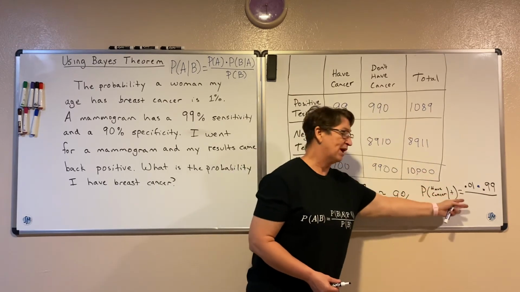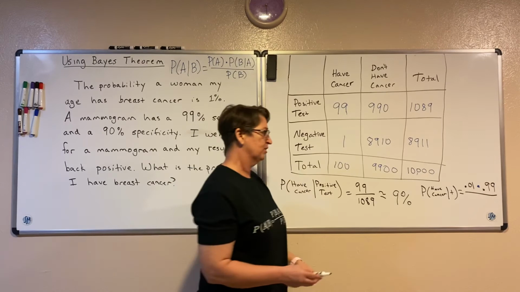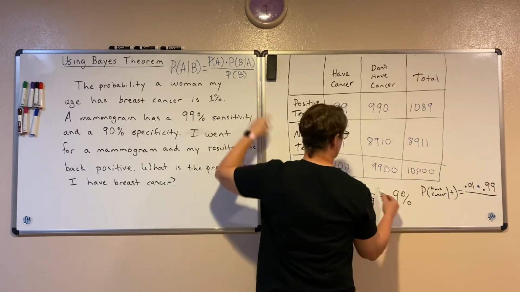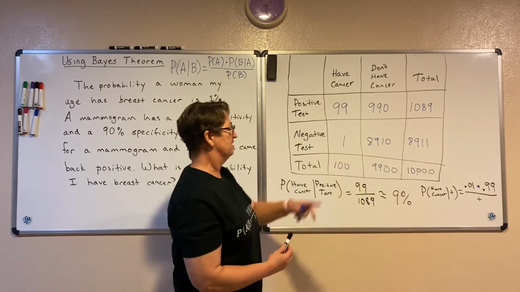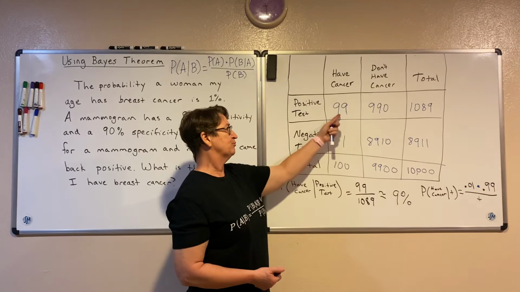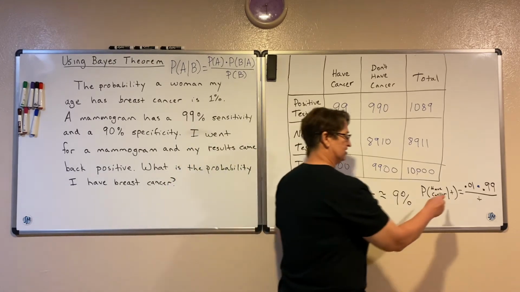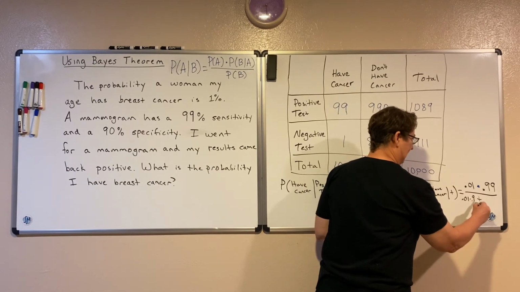So when I do this Bayes theorem on the bottom, I'm going to have two things that I have to add together. First, I get this number, which was the probability I have the disease times that sensitivity, which we just did here. The 0.01 times that 0.99.